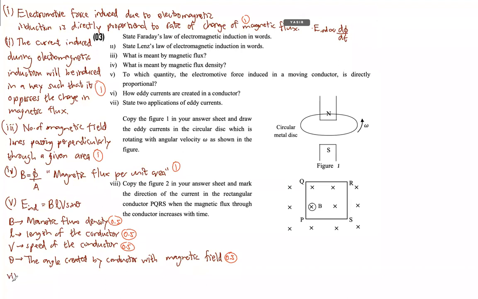Eddy current is a current induced in a conductor due to the change of magnetic flux across the conductor.